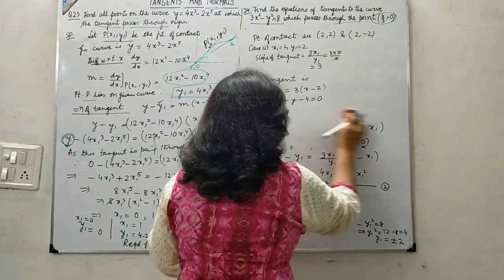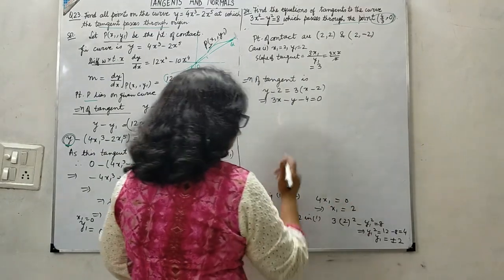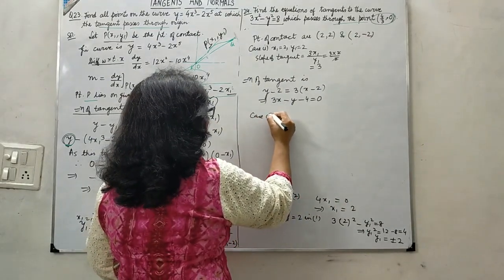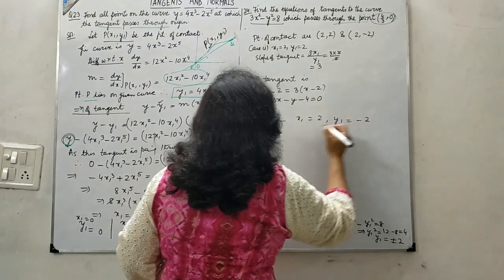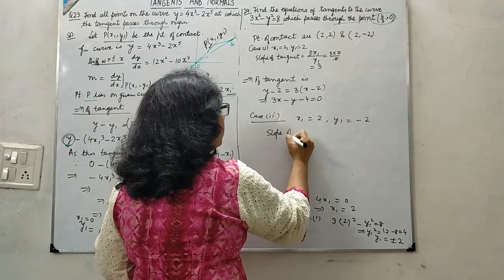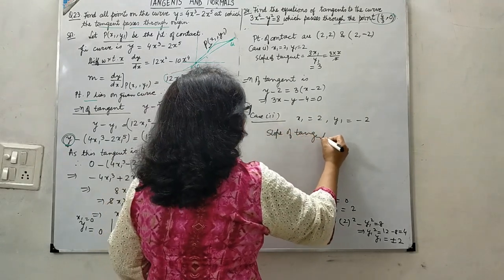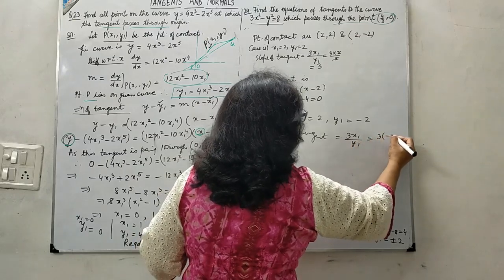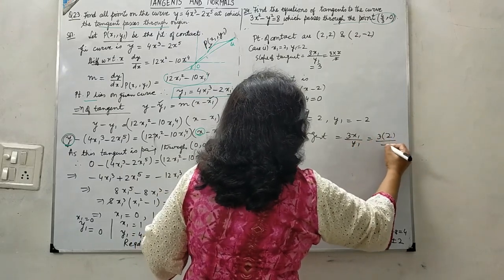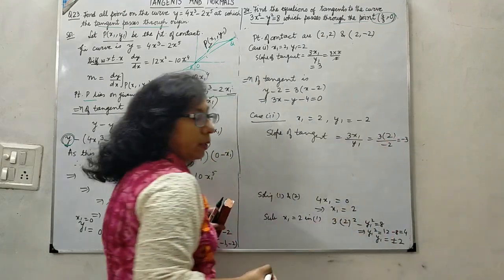And for the second case, when x1 is 2 and y1 is minus 2, the slope of the tangent becomes 3x1 upon y1, as 3 into 2 upon minus 2, this is minus 3, right?